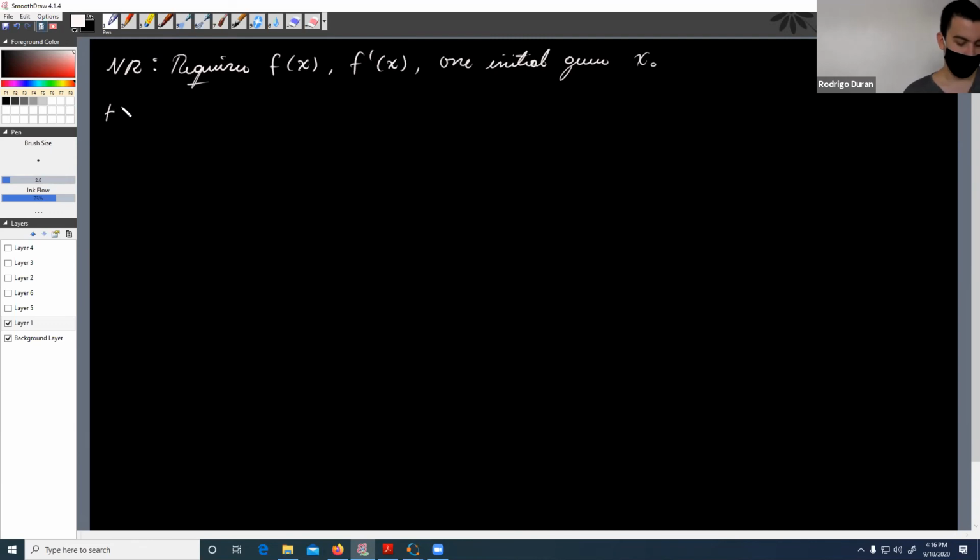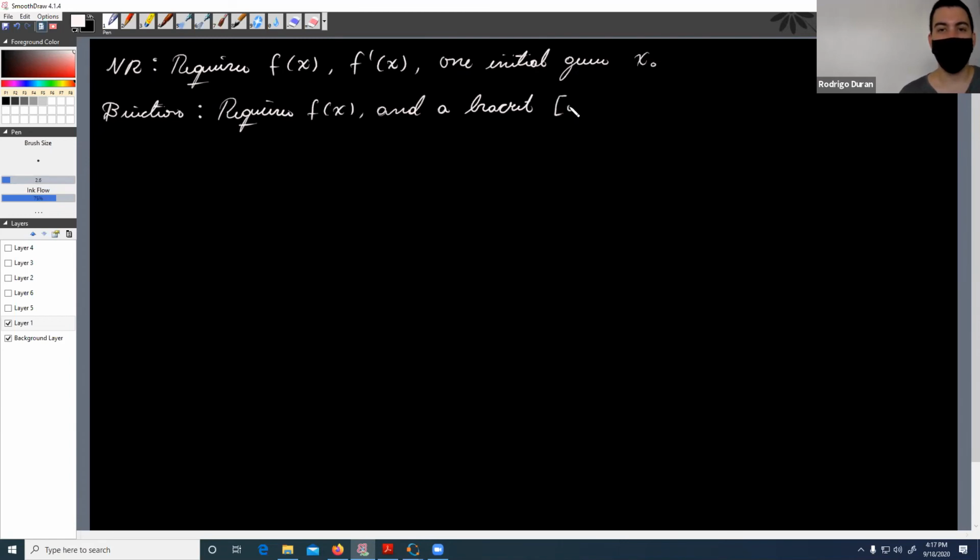Bisection, and I'm going to type it here like this. Bisection requires the function and a bracket. You can think of bisection as requiring 2 initial guesses. We don't necessarily call them 2 initial guesses, though you can call A and B your initial guesses.